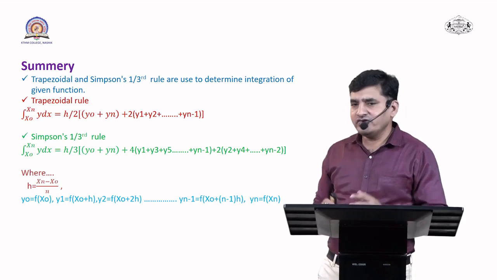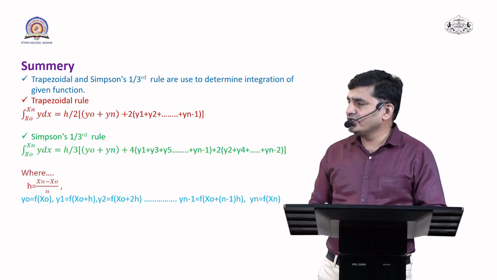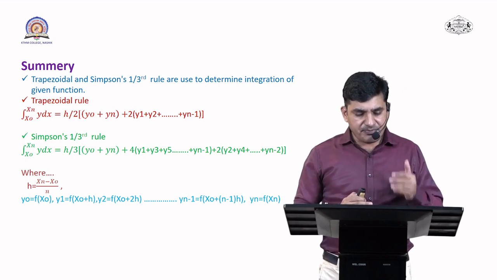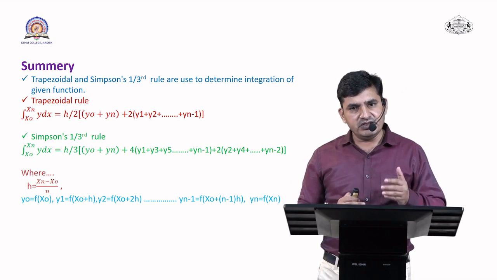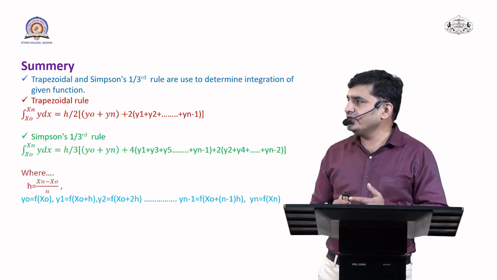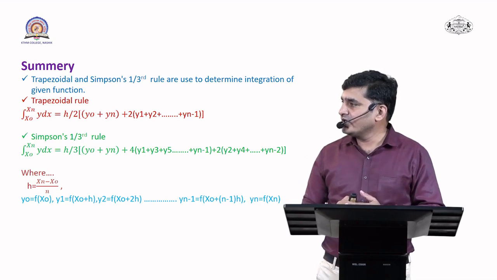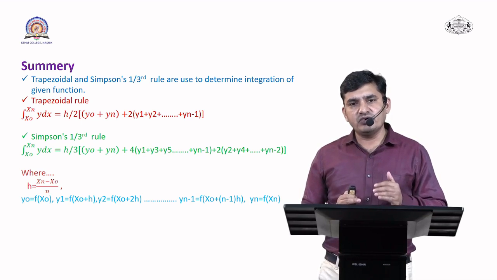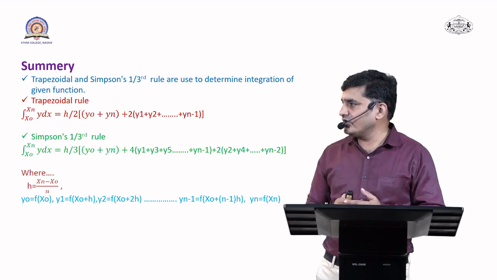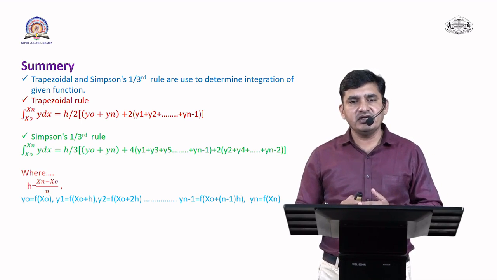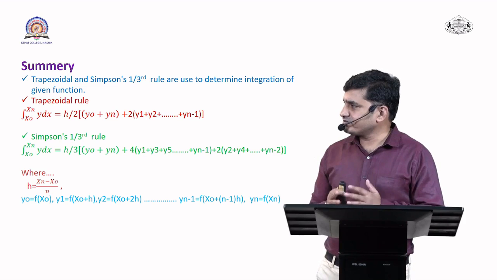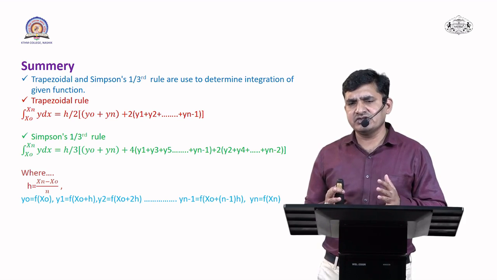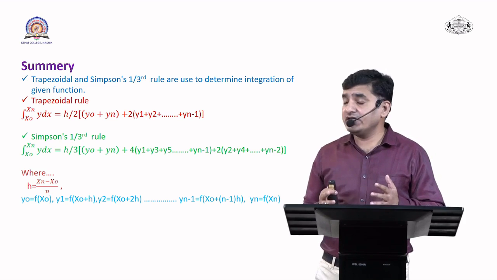Friends, in this lecture we discussed the trapezoidal rule and Simpson one-third rule. The trapezoidal rule and Simpson one-third rule are used to determine the integration of a given function. The trapezoidal rule is the integration of x0 to xn of y dx is equal to h by 2 in brackets y0 plus yn plus 2 in brackets y1 plus y2 plus and so on up to yn minus 1.